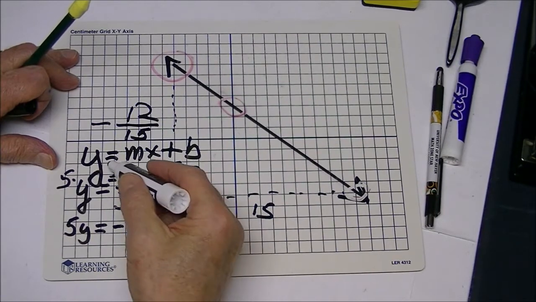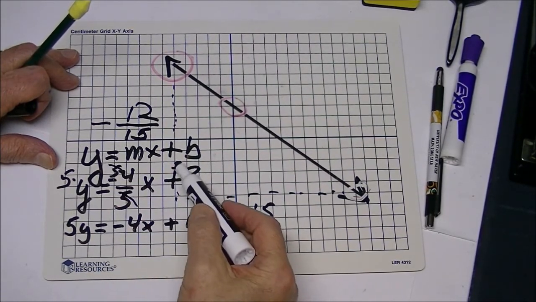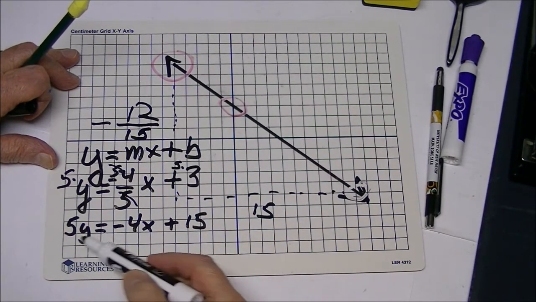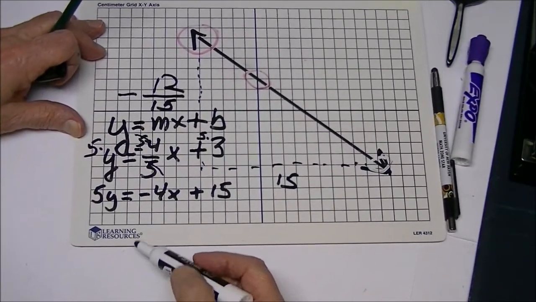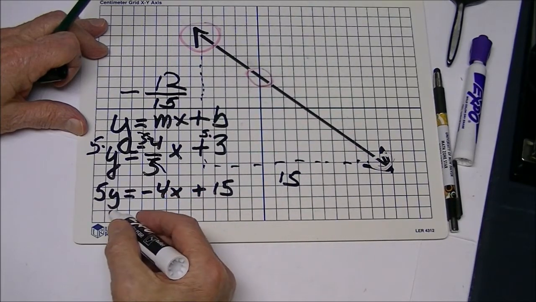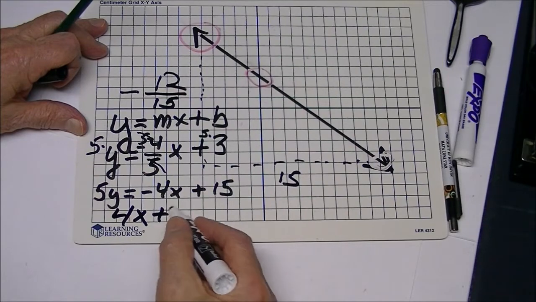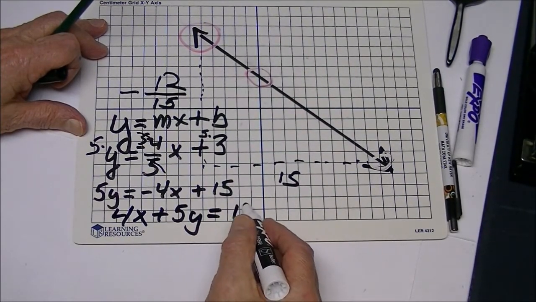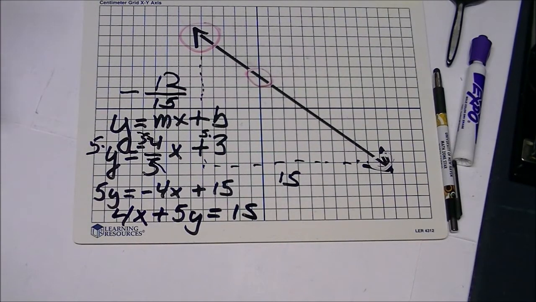Here the 5's cancel out, and I get a negative 4x. And this is 5 times 3, which is 15. But again, it's not in standard form yet. What do we need to do? Well, we need to bring the x term over to this side. Over on this side, it becomes a positive x plus 5y equals 15. Now, this is in standard form.